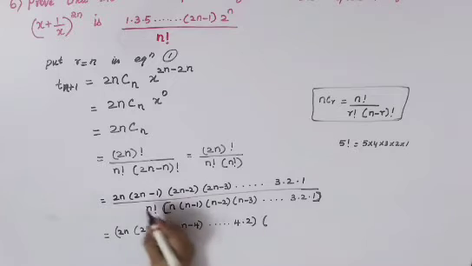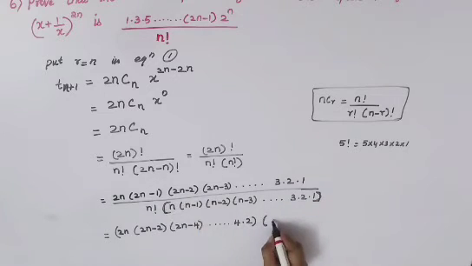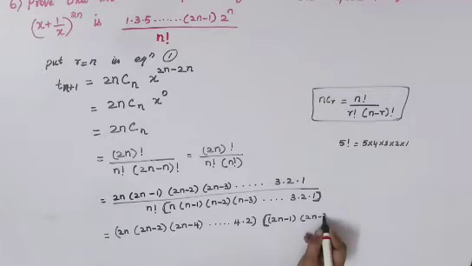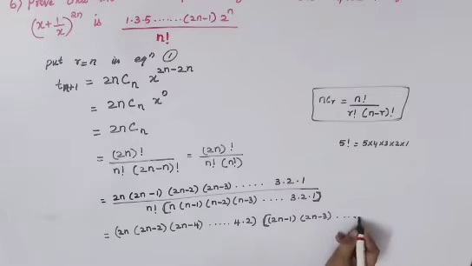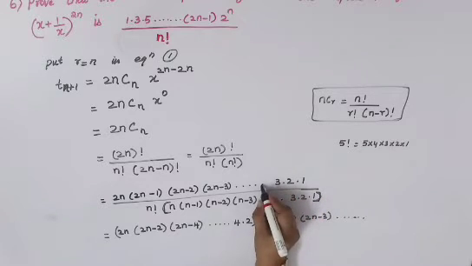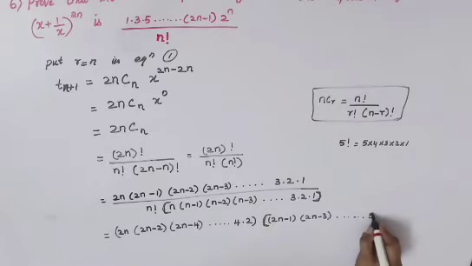Okay, so odd terms you'll have to split up. So odd terms you'll get as 2n minus 1 into your next odd term, 2n minus 3 etc. Here before 3 you'll get your 5. So 5 into 3 into 1.